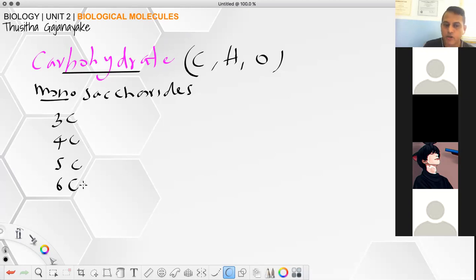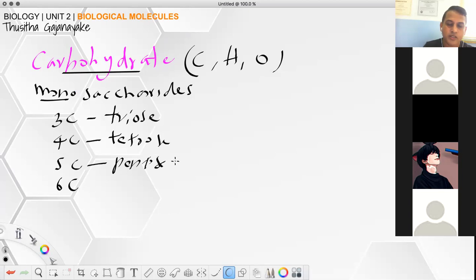Naturally occurring monosaccharides exist. So here triose, we use this word triose for 3 carbon molecules. Tetrose, pentose, hexose. Tri, tetra, penta and hexa are the numbers, right? Mono is 1, di is 2, tri is 3, tetra is 4, penta is 5, hexa is 6.